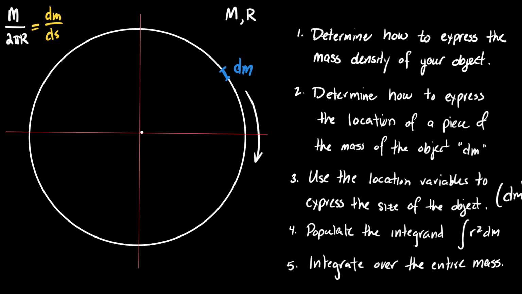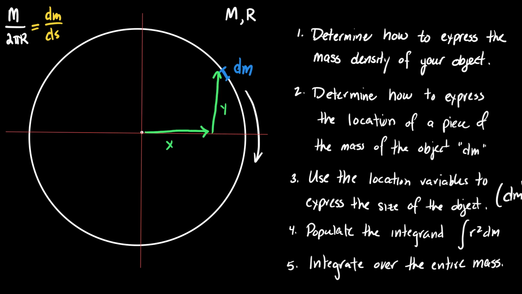So I'm going to put an XY coordinate system over the top of this. And I think you guys would agree that I could point to where this piece is by going over a distance x and up a distance y. Right? That would allow me to point to each piece, correct?